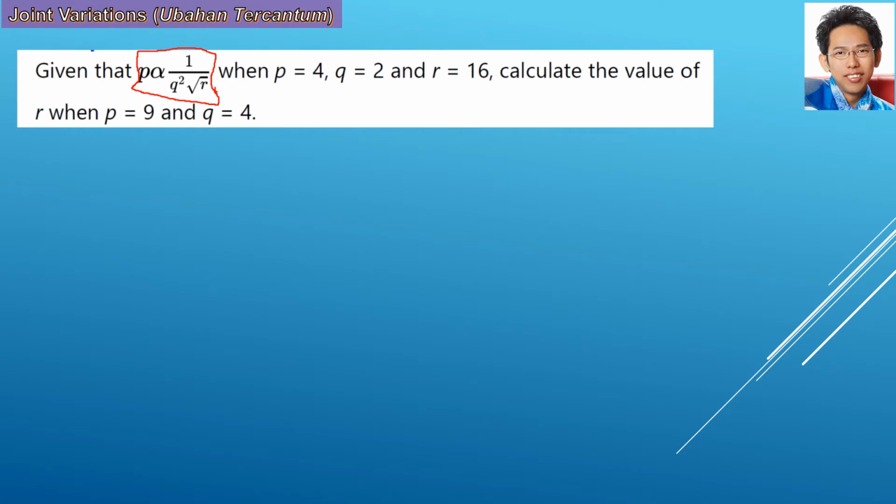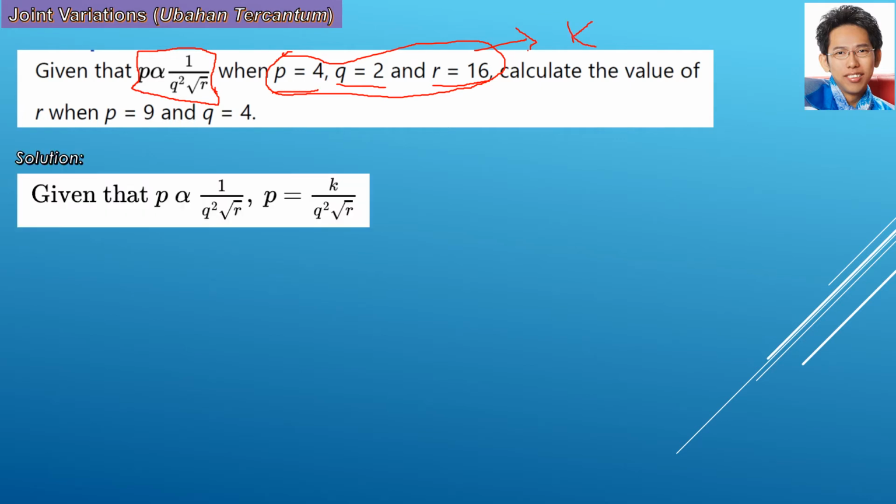So P varies inversely to square of Q and square roots of R. Okay, so given P equals to 4, Q equals to 2, R equals to 16. These three values are always used for our K later on. Look for the K. Okay, so now solutions.